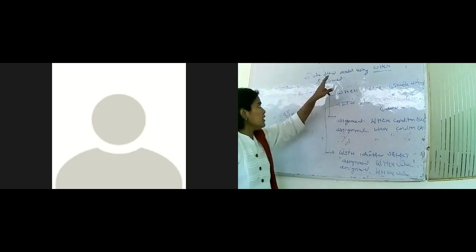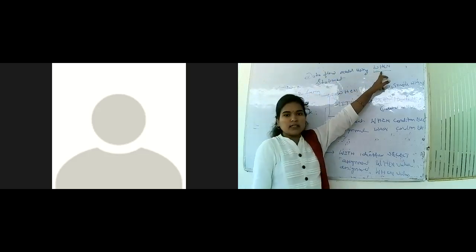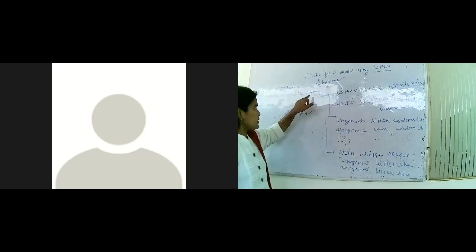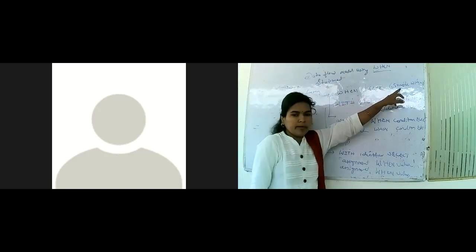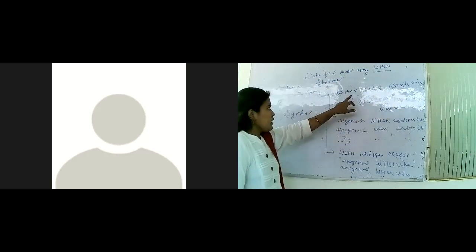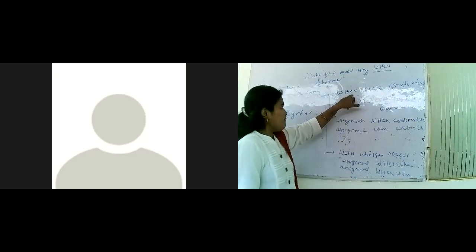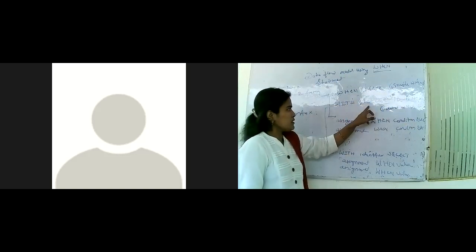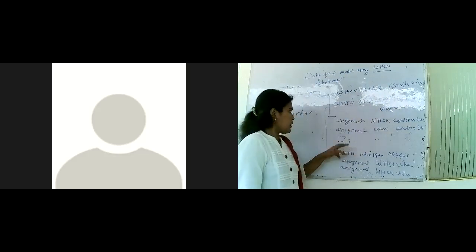There are two forms in the data flow model using the when statement. The first type is simple when, and the next one is selected when. When you go for simple when, it is when else. When you go for selected, it is with select when.